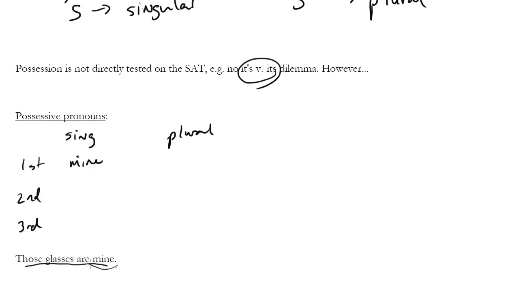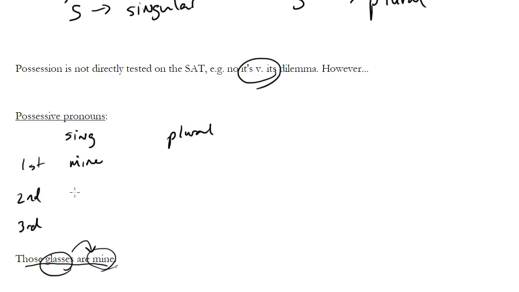So this mine is referring to the speaker, and we're saying that the glasses belong to the person who's speaking, right? And we use mine, so we don't have to say those glasses are my glasses, right? That's the other option here, but that's a little bit strange. Or we could say those are my glasses as another way to do it. We don't really have a preference here necessarily. It's just all about how you're writing the sentence, what you want to emphasize.